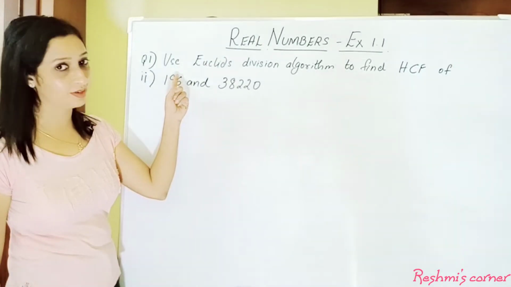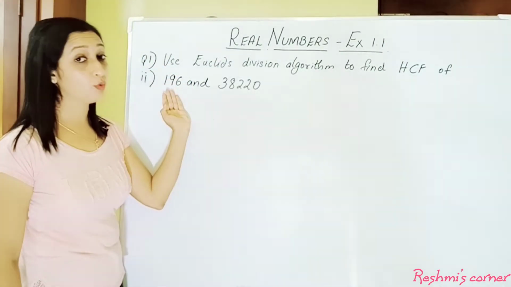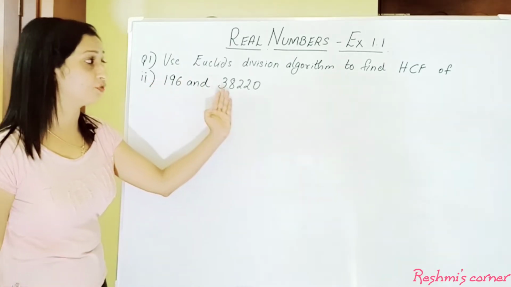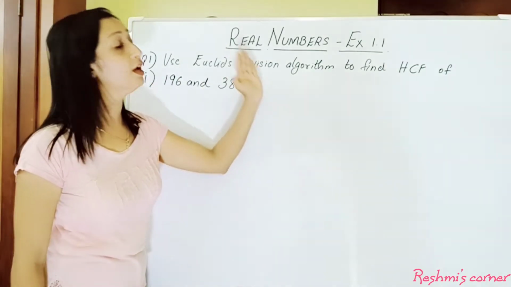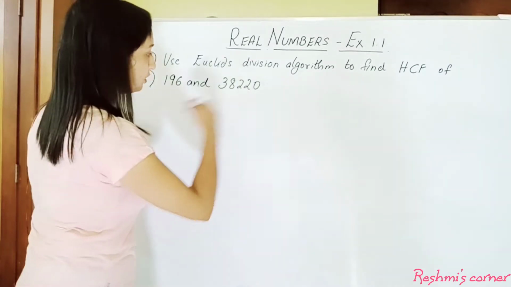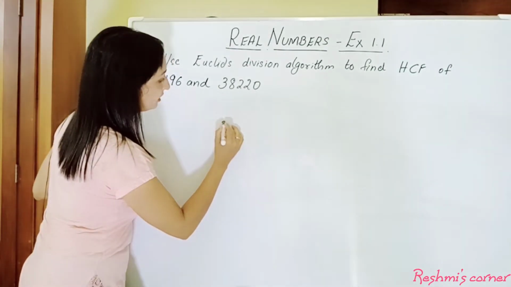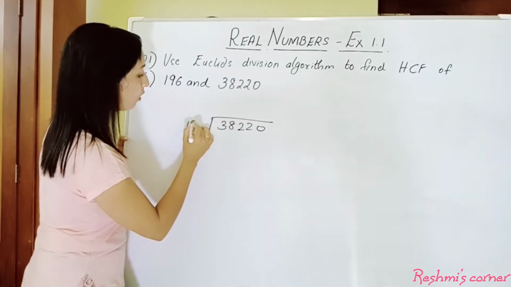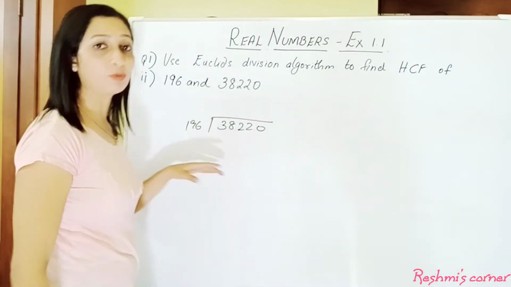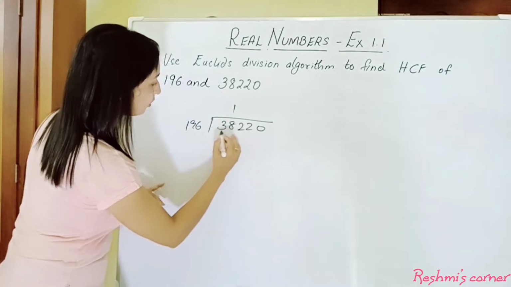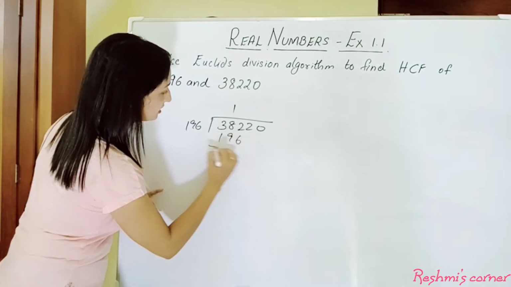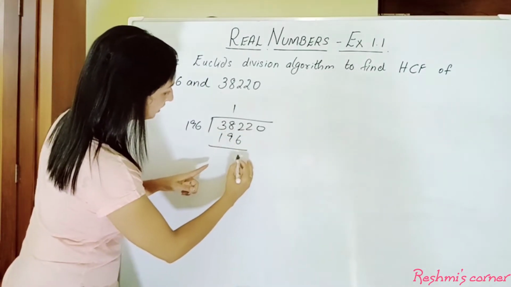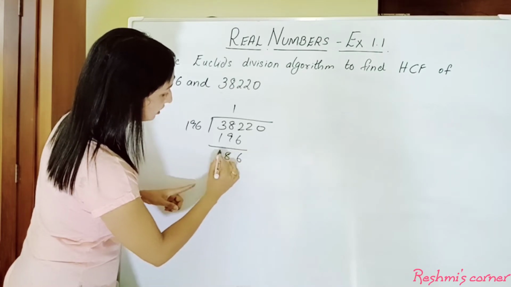Now this is the second question, which is to find out the HCF of 196 and 38220 using Euclid's division algorithm. So let's start by dividing the bigger number, 38220, by 196. So let's perform the division. 196 ones are 196. Balance, you get 681.